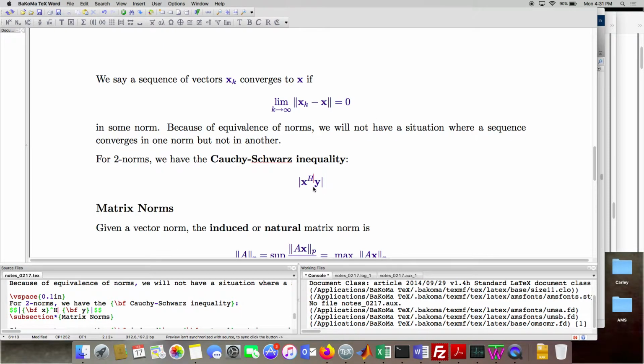What I have here on the left side is the absolute value of the inner product or dot product of x and y, and that is less than or equal to the product of the 2 norms of x and y individually.